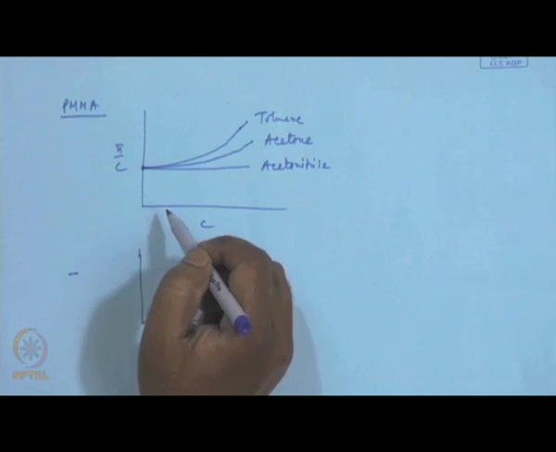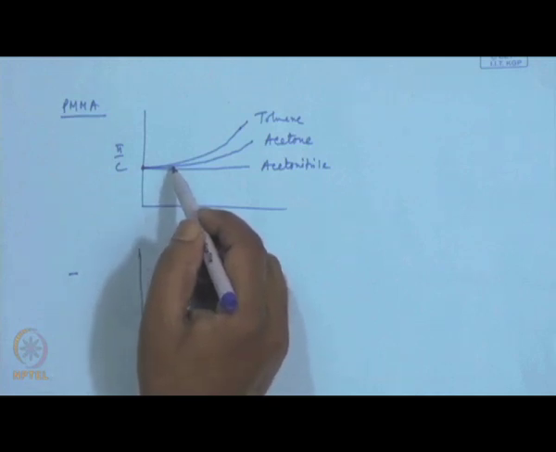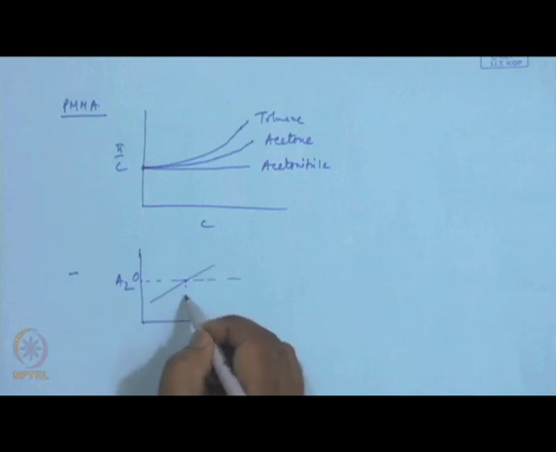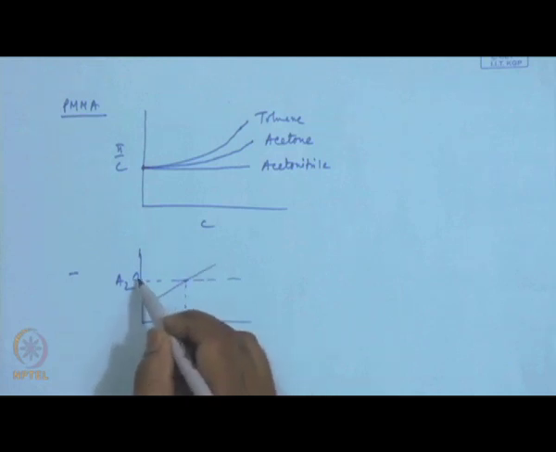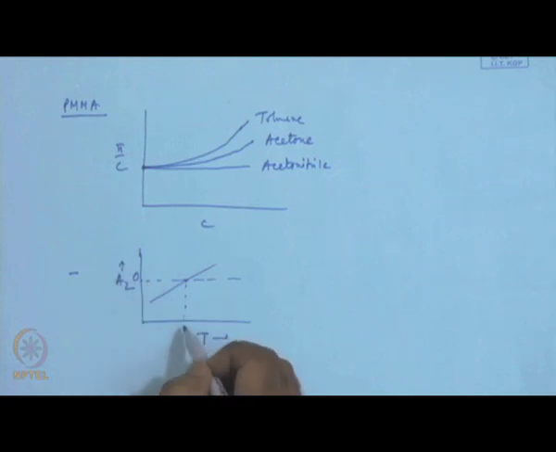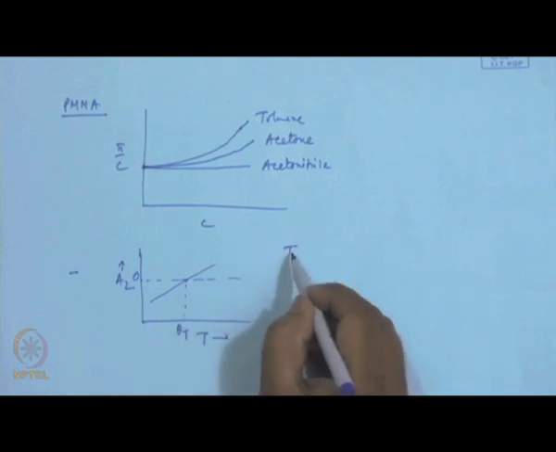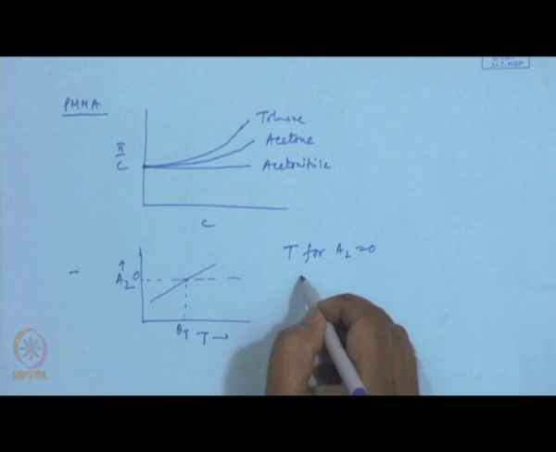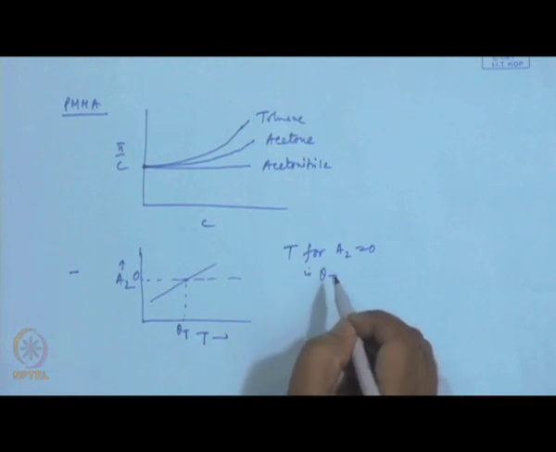If we determine A2 at different temperatures and then plot A2 versus T, the temperature for which A2 is 0 would be the theta temperature. So, this is one way we can determine the theta temperature.